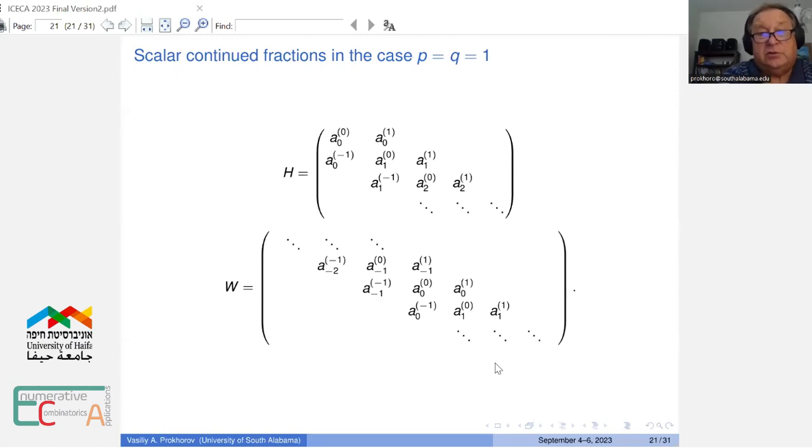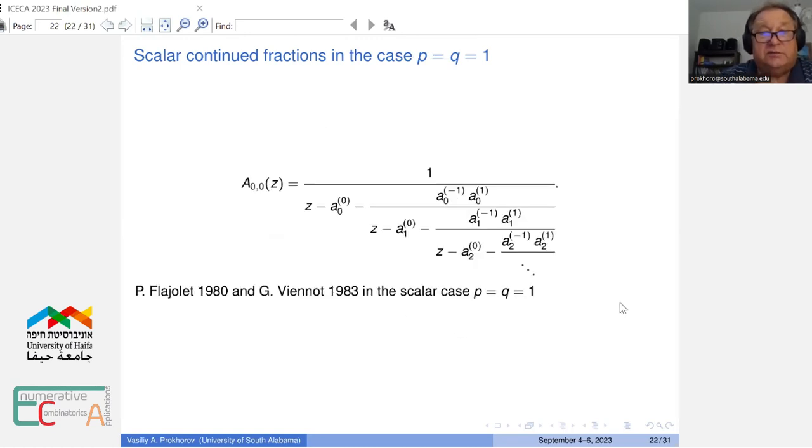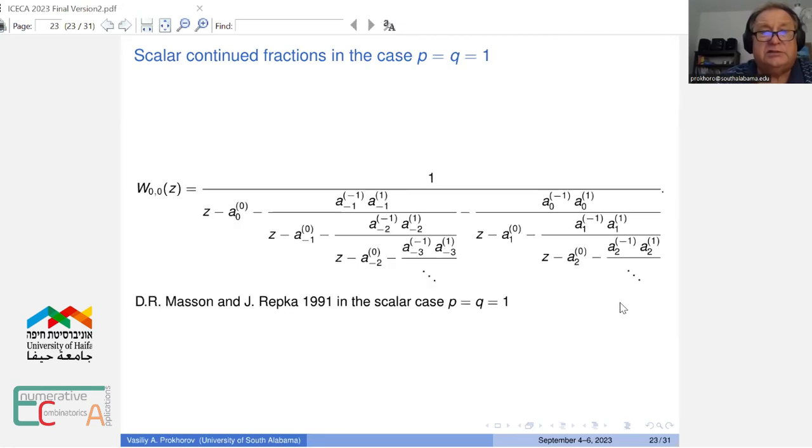Now, to understand the meaning of this result and the extremal properties of convergents of these matrix continued fractions, let's see first of all the case P equals 1 and Q equals 1. We have matrix H as a Jacobi matrix with 3 diagonals, and matrix W is a two-sided matrix with 3 diagonals. So this formula is a result related to V naught for the scalar case P equals 1 and Q equals 1. This is the formula for the generating series of weighted polynomials of lattice paths.